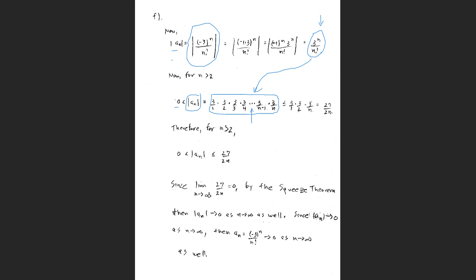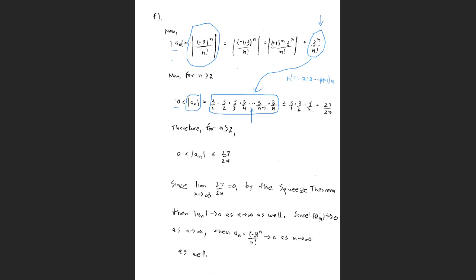Now in this case, what I'm doing is I'm writing n factorial as 1 times 2 times 3 times 4, and you keep going, and then the last terms are n minus 1 times n.